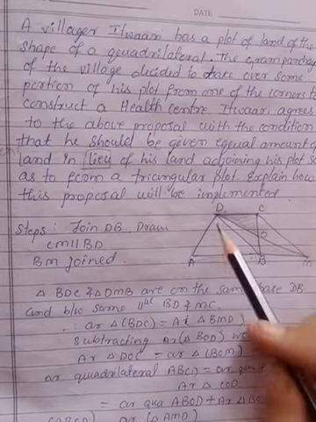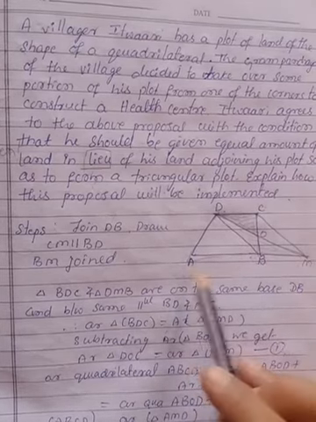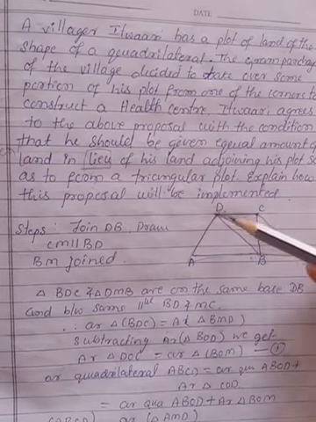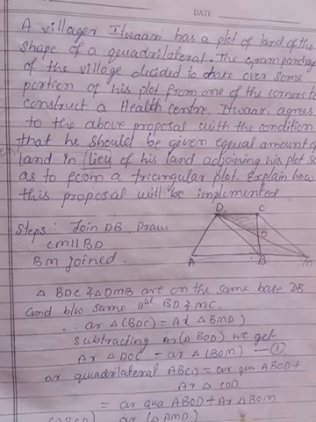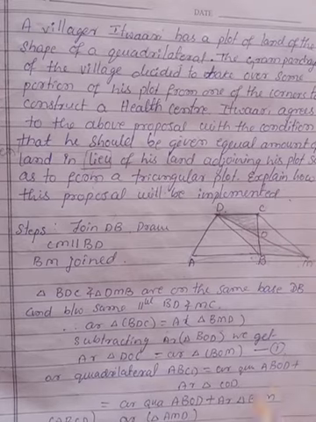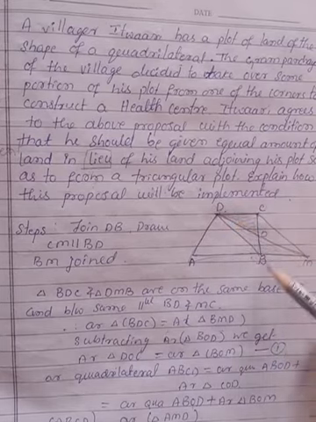Now the area of quadrilateral ABCD can be written as the area of quadrilateral ABOD plus the area of triangle COD. So ABOD you keep as it is, and instead of COD we can write BOM.